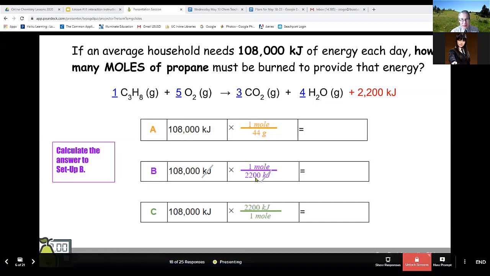When you have dimensional analysis and you've set it up correctly, the math you do on the calculator is multiply by the number on the top and divide by the number on the bottom. So this should be on the calculator 108,000 divided by 2200. And that's how you get the answer of 49.